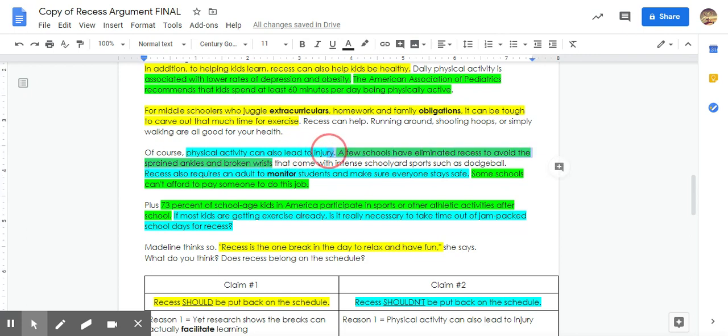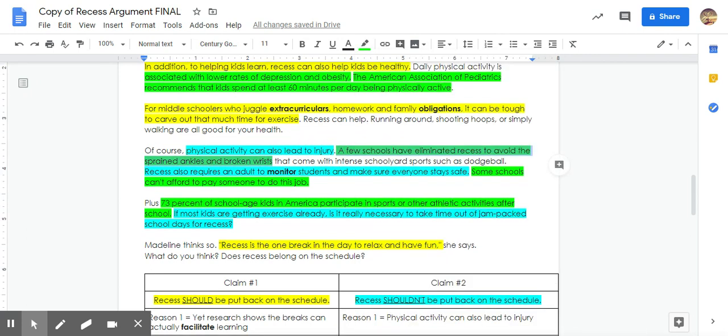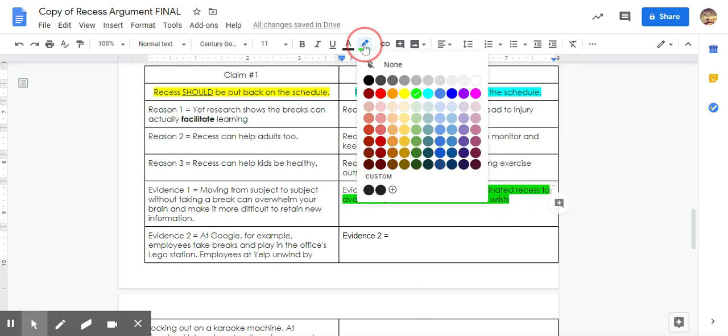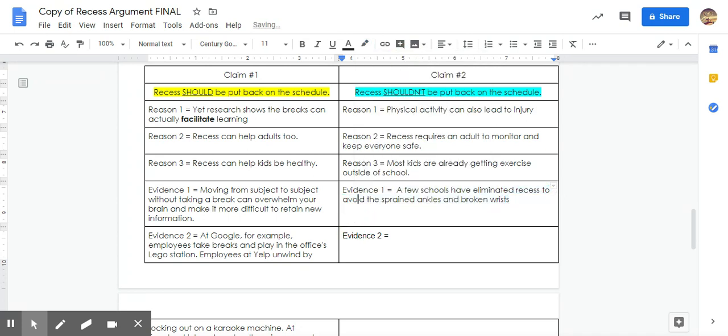And then in the very next sentence, we have that example of how a few different schools have gotten rid of recess because they don't want to have to deal with those sprained ankles and broken wrists that happen from having recess. So that's evidence 1 there.